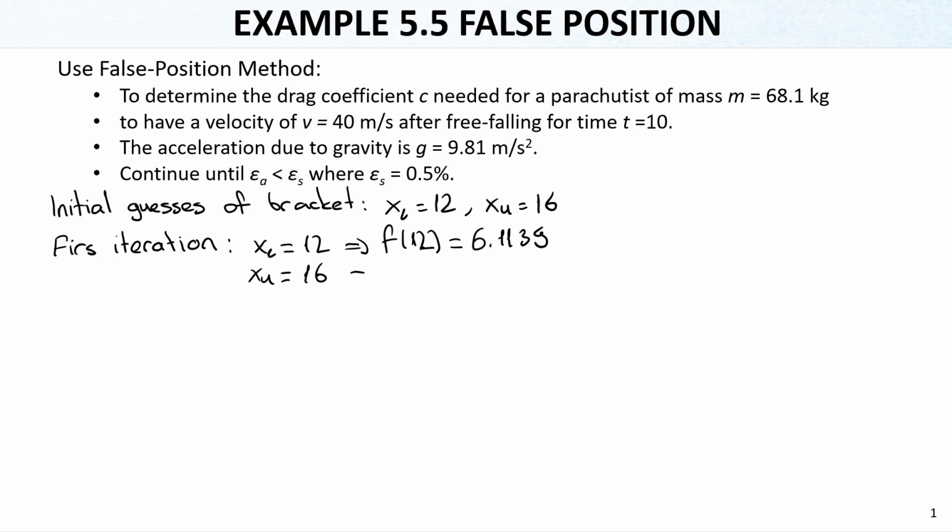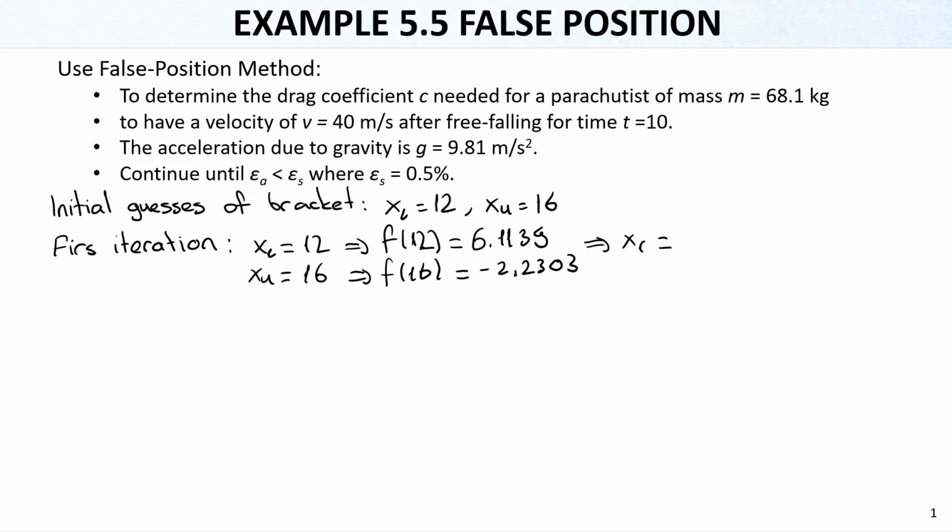For 16, f(16) is minus 2.2303. You can see that the zero f value is between these, because one is positive and one is negative.